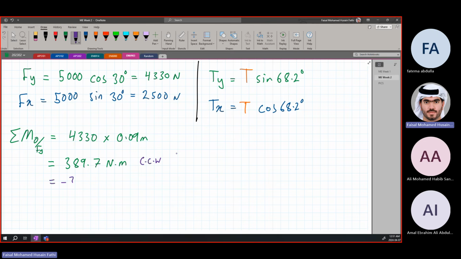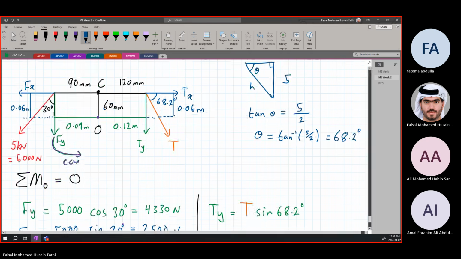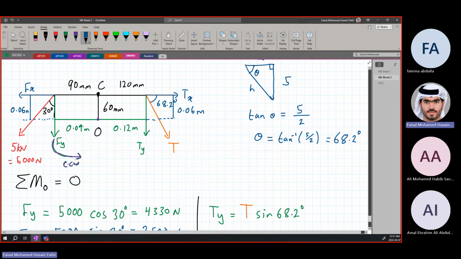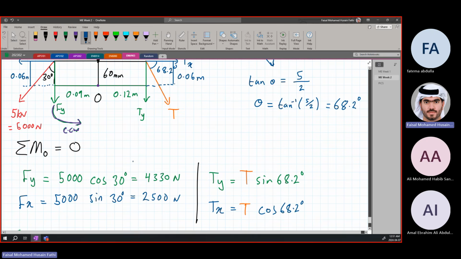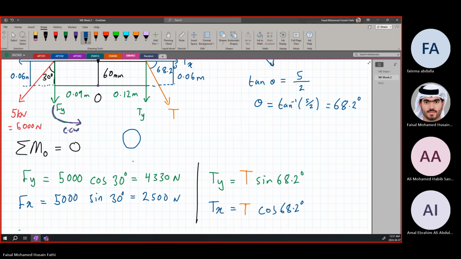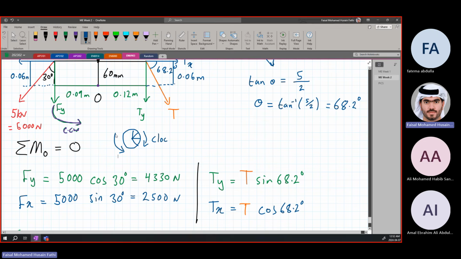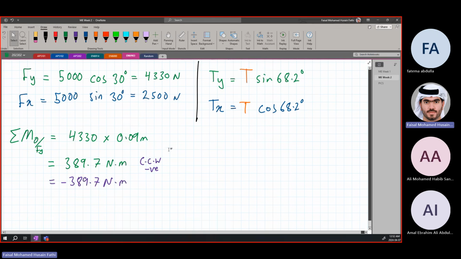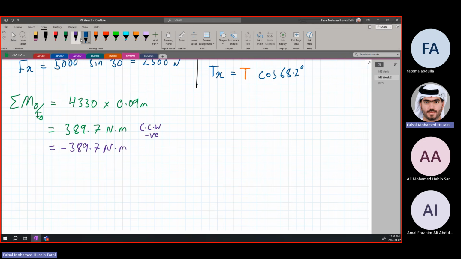So it's equal to minus 389.7 Newton meter. We'll do the same thing again. If we do this Fy, this is like a clock, and the clock goes this way, this is clockwise. This one is going in this direction, so it's anticlockwise. So this is counterclockwise, so it's negative.